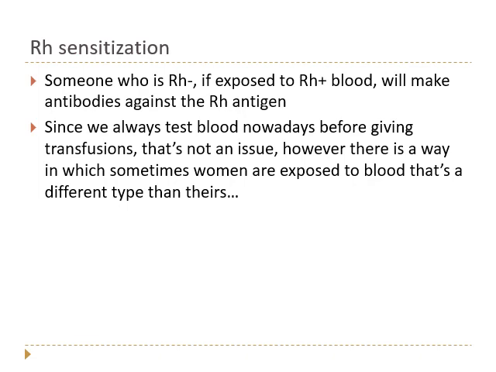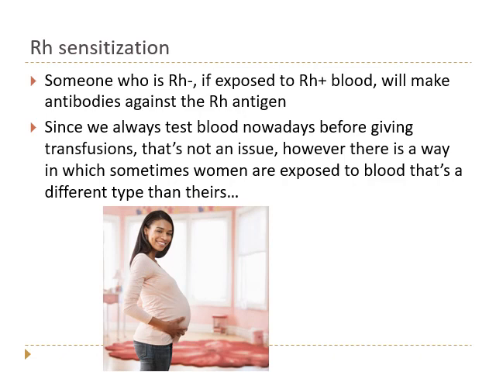But there is, however, a situation in which sometimes female-bodied people get exposed to blood that's a different type than theirs. So kind of just think about what that might be. And here comes the reveal. And of course, it's pregnancy.